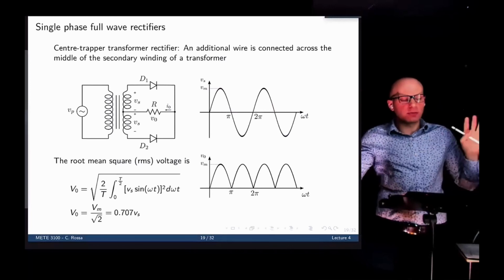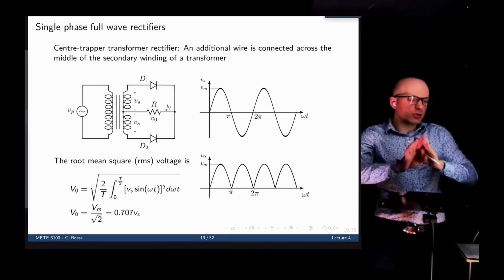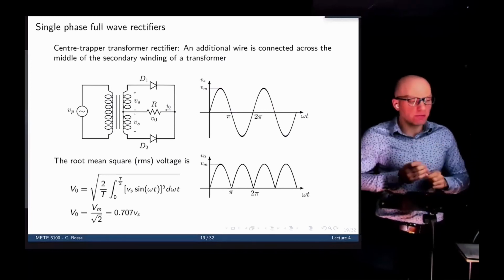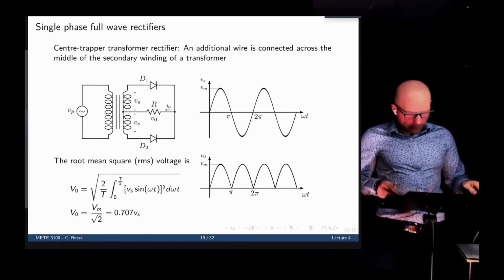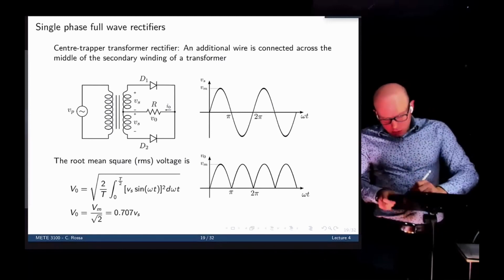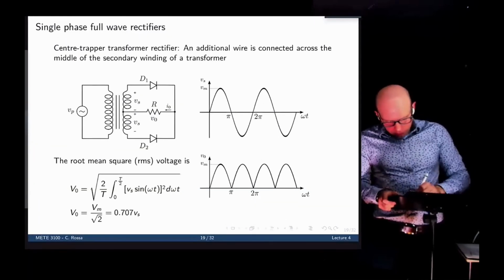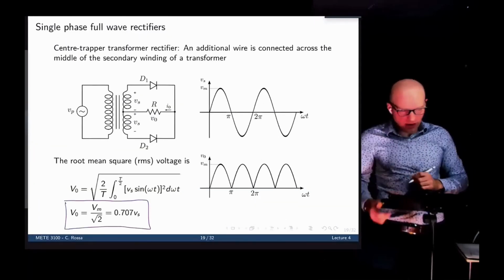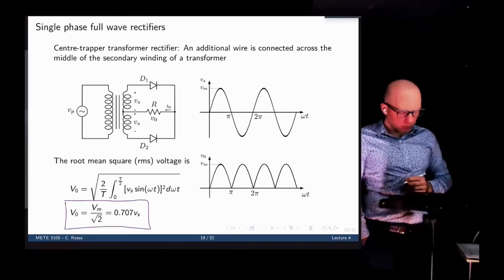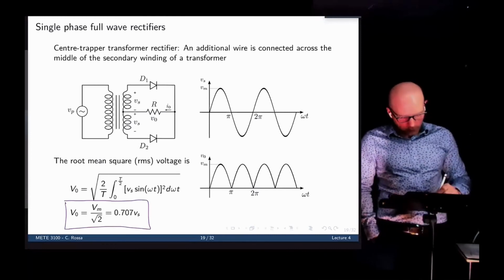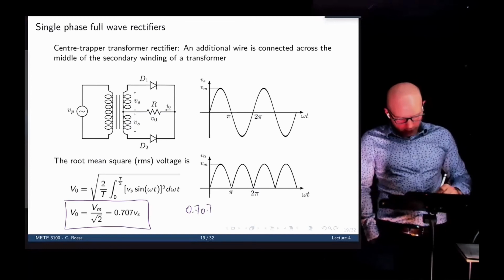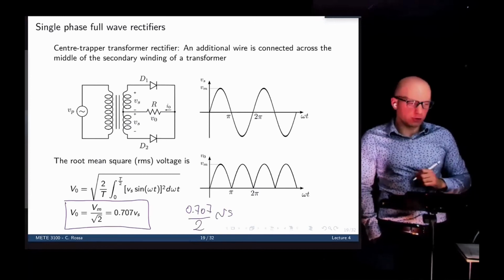If you take both and apply to a resistive load, they would dissipate the same amount of energy. Okay. So here we have, for a full waveform, an RMS voltage of 0.707 times the peak input voltage. And if you have half of a waveform, then it would be that divided by 2, of course.